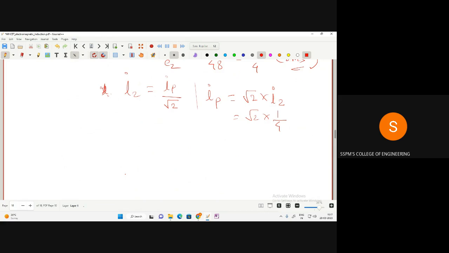Now how can you write 1/4? Root 2 divided by 2 into 2, or root 2 divided by 2 into root 2 into root 2. Root 2 from numerator and denominator will be cancelled, and the peak current IP is 1 upon 2 root 2 A.